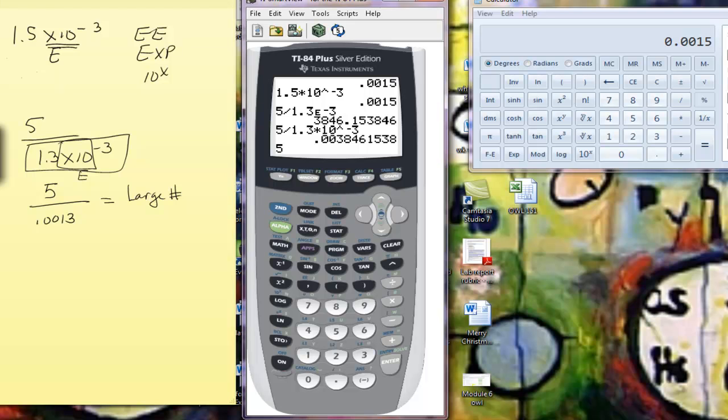Also, you do not want to do this. 5 and put in the E key and then put in... no, that's not the way I wanted to do it. Let me redo this. 5 times 10 and then put in the E key, and then the minus 3.